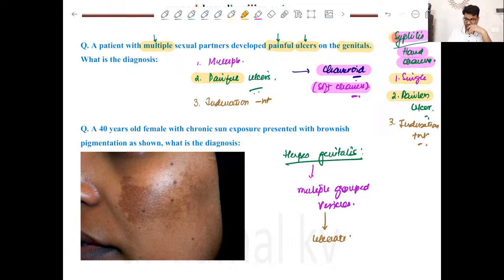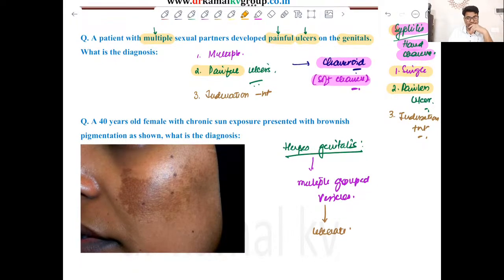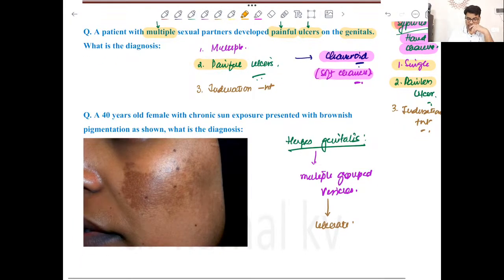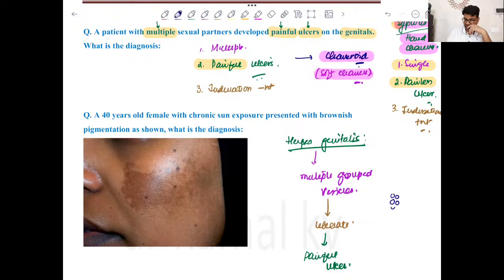Okay, so no problem. So herpes genitalis is again, the patient is having multiple grouped vesicles which ulcerate, and this causes a painful ulcer, right? So the keyword for herpes genitalis is that there will be multiple vesicles in a group. So this is how they will be seen, and yes, they will be resting on an erythematous base, right?